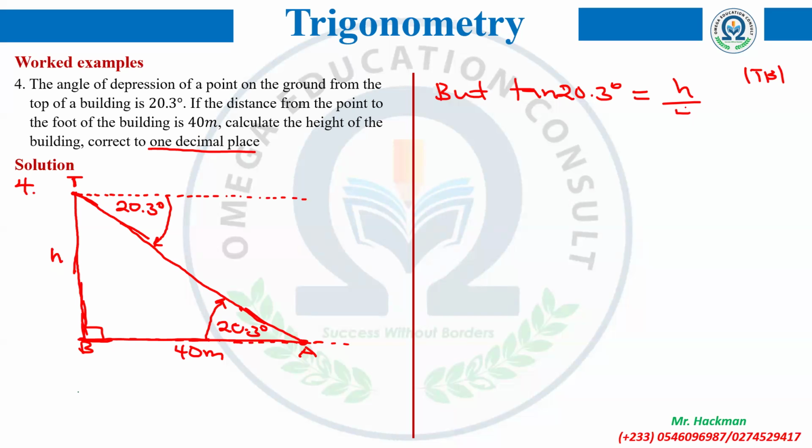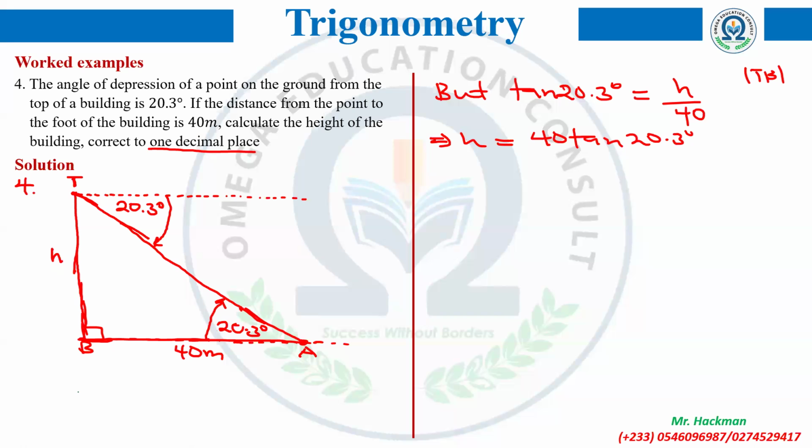When you are forming your ratio, always ignore the unit because they will cancel in the long run. I'm looking for h, so this implies that h will be equal to 40 tan 20.3 degrees. All correct?